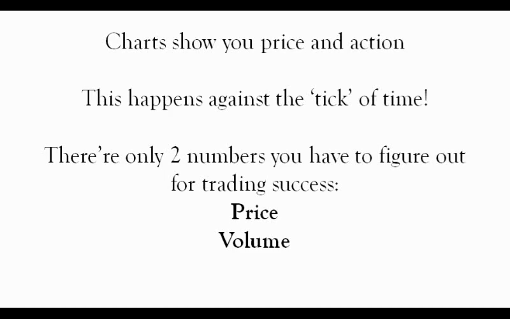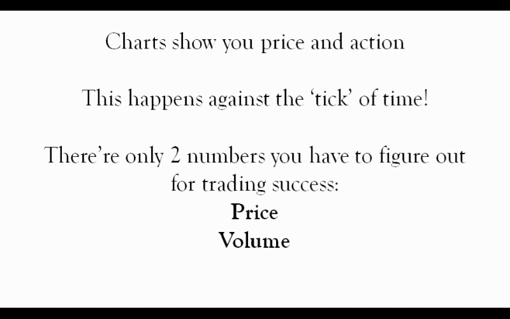So this is how you trade currencies. So what's happening at the current time is what you're actually trading. So all of these ticks are accumulating into movement. So all of this movement is happening. So there are only two numbers you have to figure out for trading success. The thing that you really have to understand for all the trading success is price and volume.